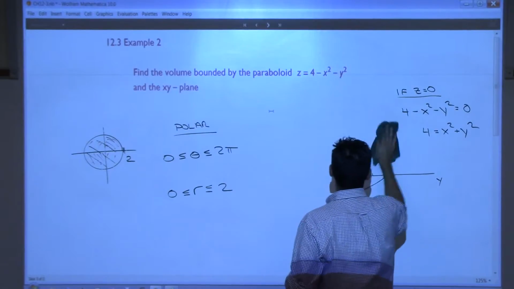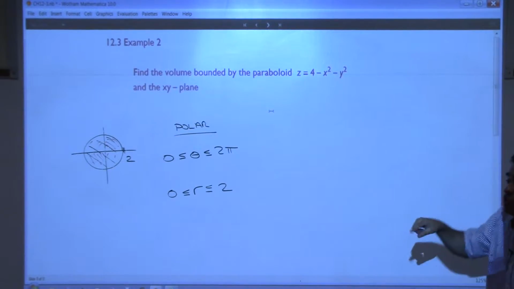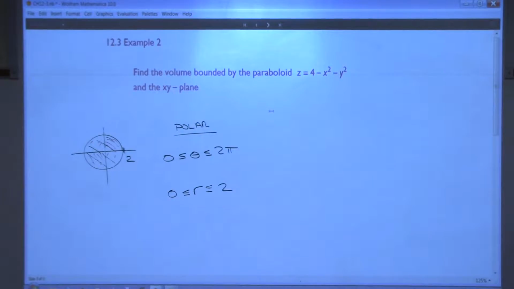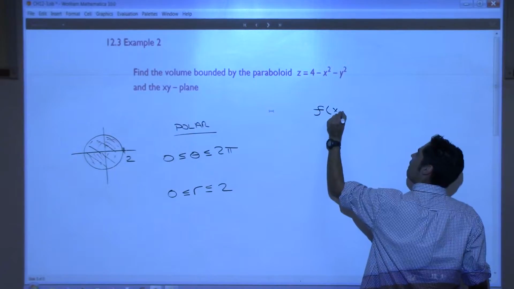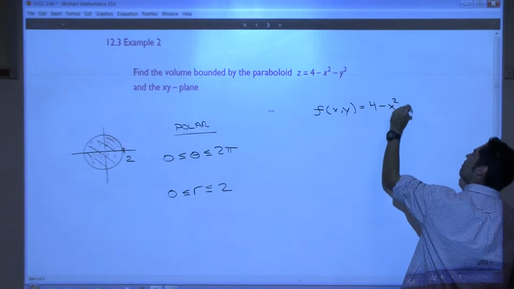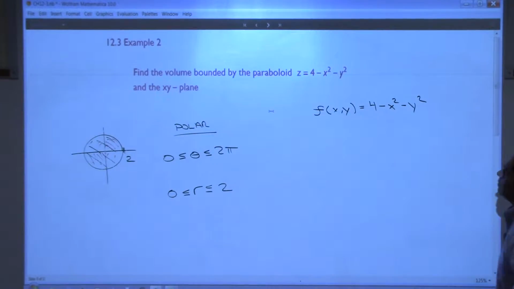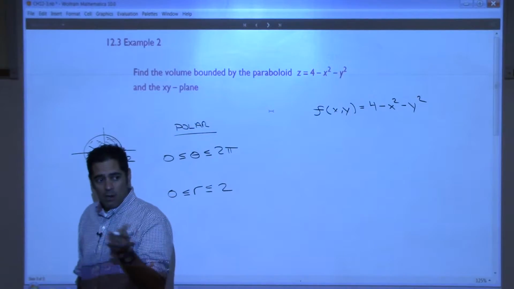Okay, so the next thing we need is to define our function of x and y converted over to polar. So what is f of xy here? It's 4 minus x squared minus y squared, right? Now if I go to polar, that means everywhere I see x, I replace it with r cosine theta.